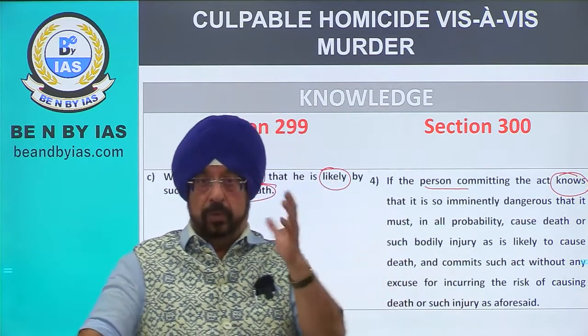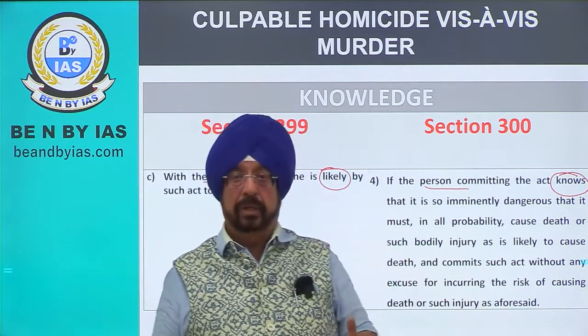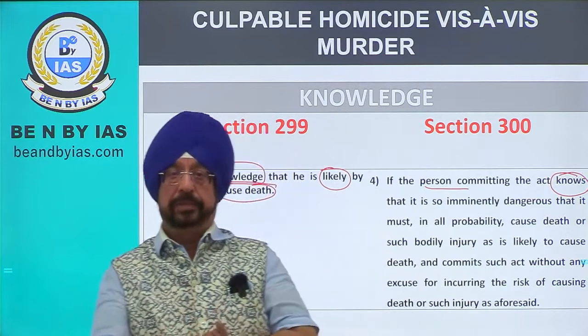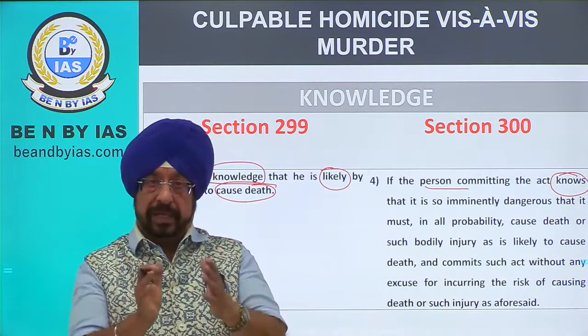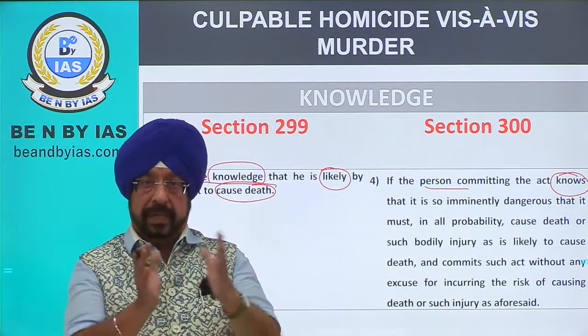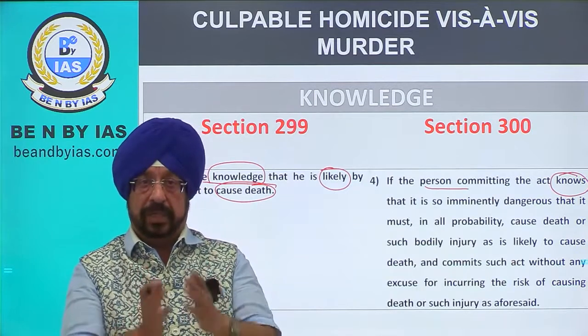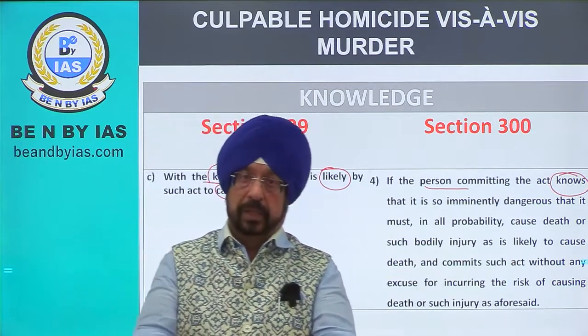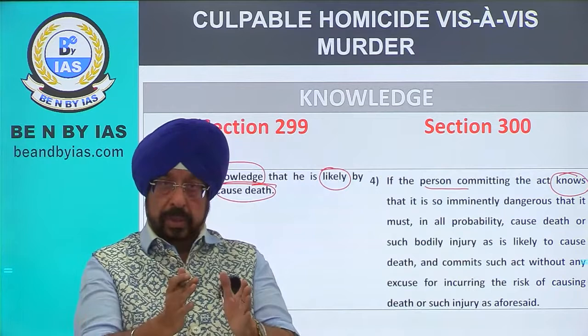So, if we look at any condition, any facts of the case, as a judge, as a person examining the facts, as a law student, as a legal professional, what must we look into?